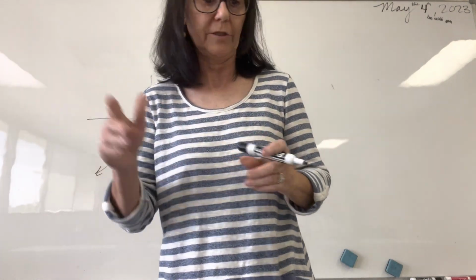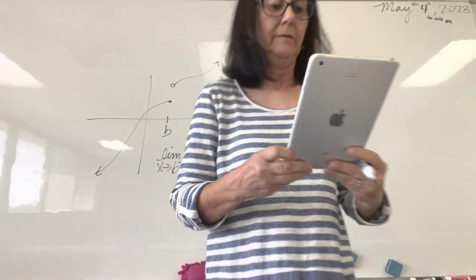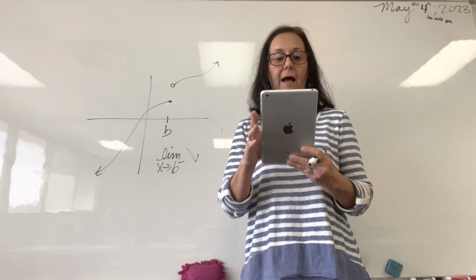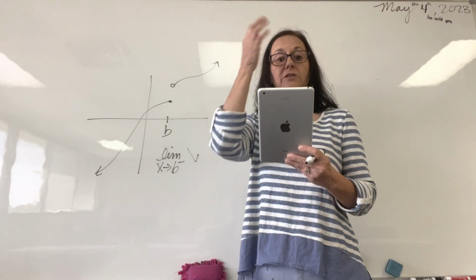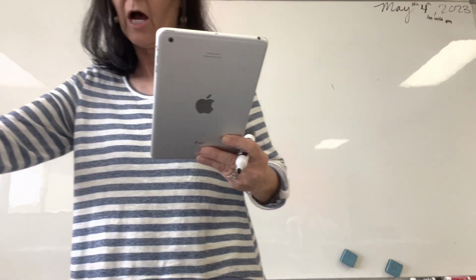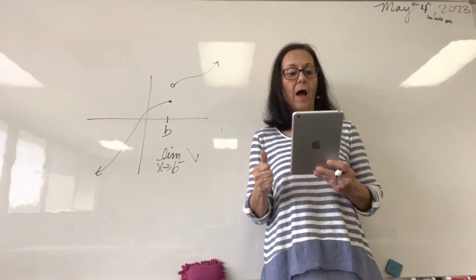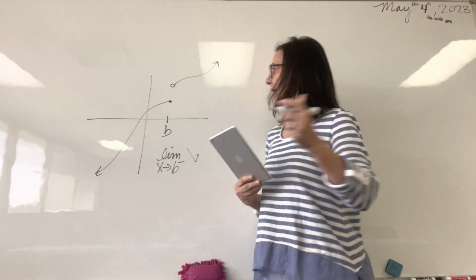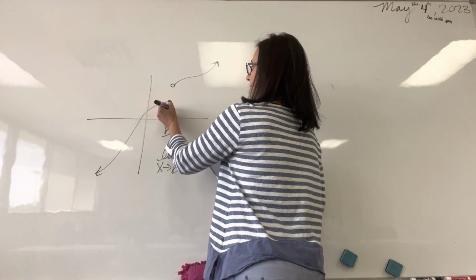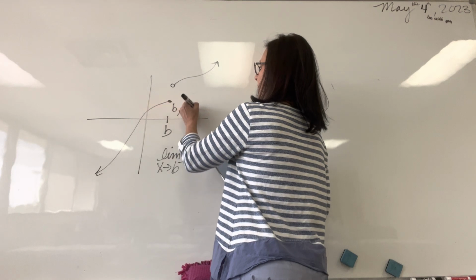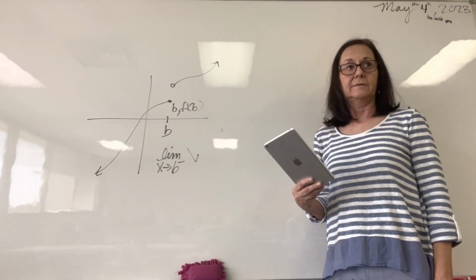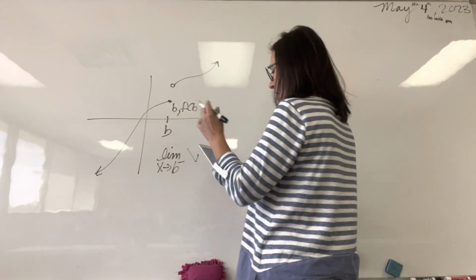All right, what about, well, I could just draw another one just the same. So we're going to look from the left and the right. Now, that's in the box on page 941. A function is continuous from the right provided the limit equals f of b. It is not continuous otherwise.